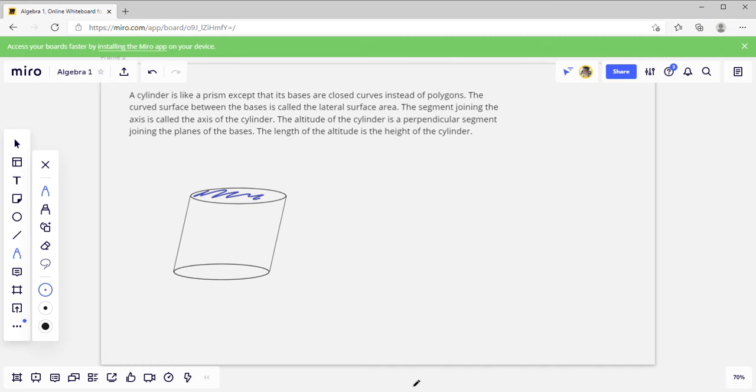That's a base, and that's a base. And right here is a base. Okay, that's going to be your top and your bottom. This roundy part that goes all the way around, all of that, that's your lateral surface area.